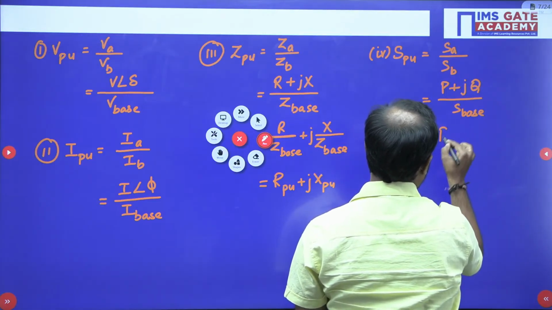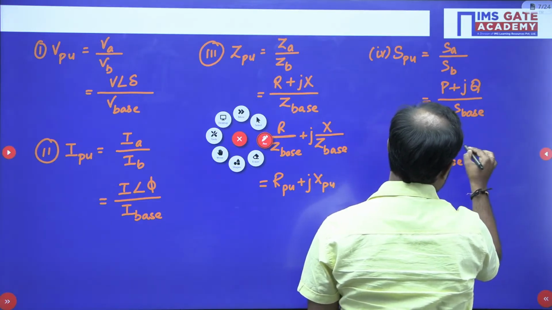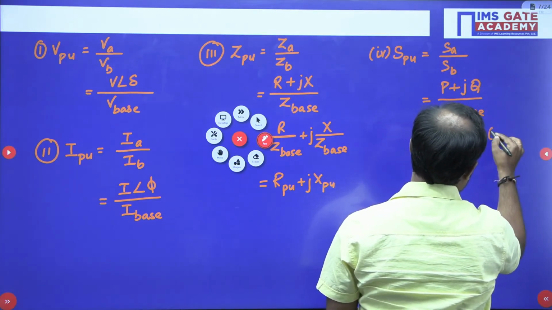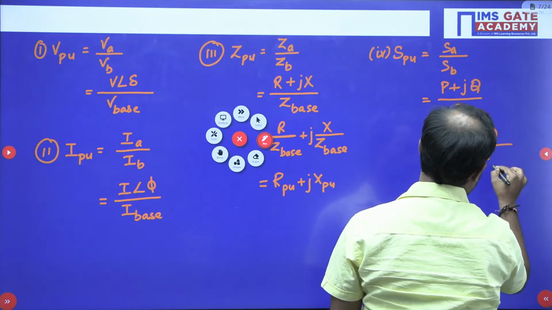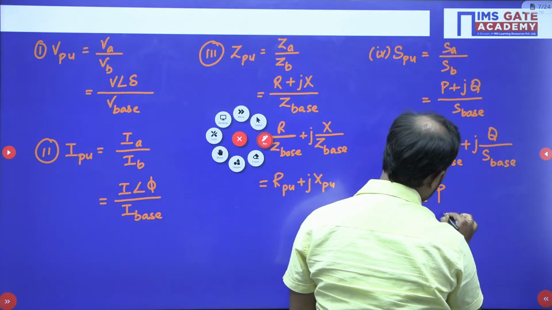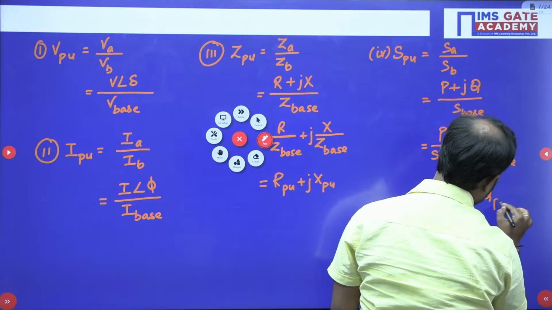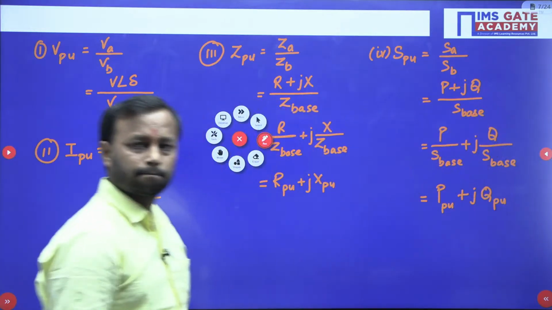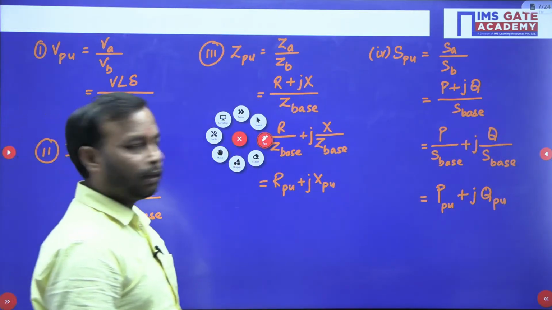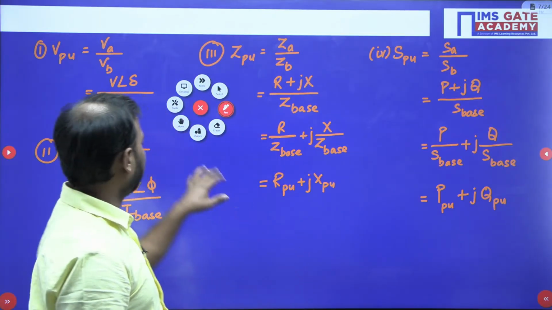So P by S base plus jQ by S base, which is nothing but P per unit plus jQ per unit. Done. So in this manner you are going to find the per unit values of the quantities.